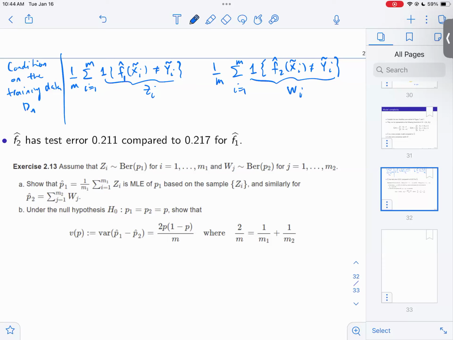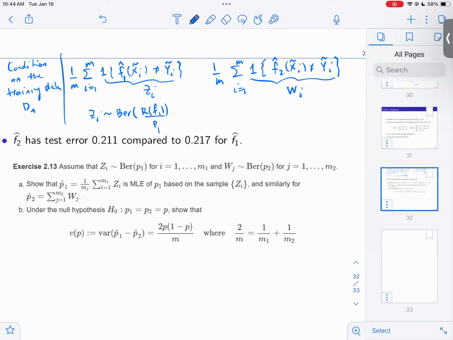The Z_i's and W_i's are Bernoulli variables. They're binary and they have a certain probability. The probability of this being 1 is the probability that this doesn't hold, which is the true risk. So Z_i is Bernoulli with probability equal to the true risk of f hat 1, call it p1.